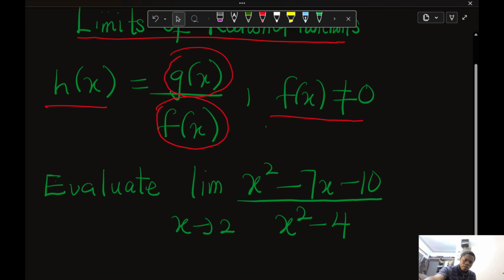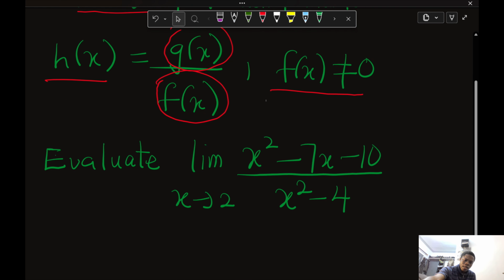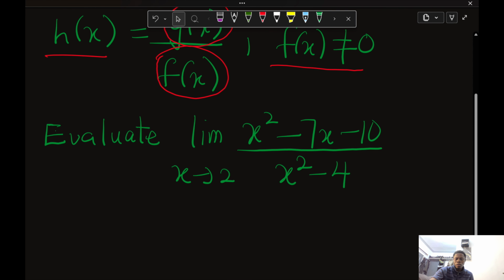So let us learn how to evaluate the limit of any rational function. Anytime you have a rational function and you have to find its limiting value as its input approaches a certain value, this is what you are supposed to consider. You have to check whether the value of the input doesn't make the denominator 0.